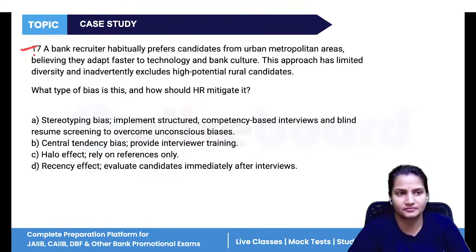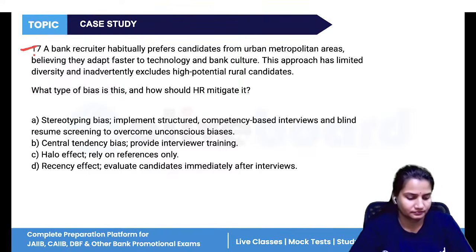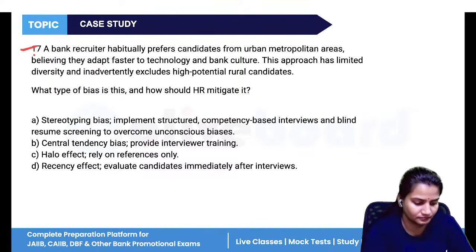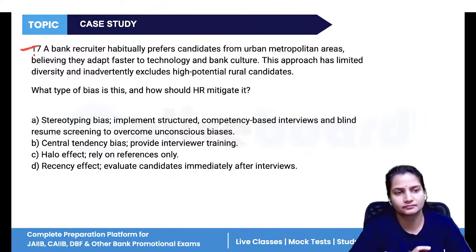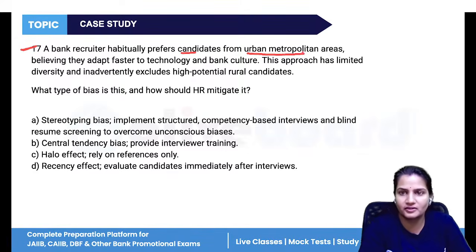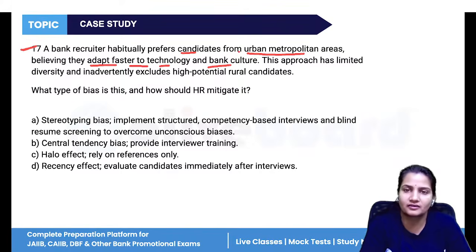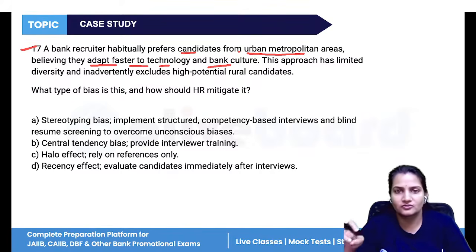Now, next, 17. A bank recruiter habitually prefers candidates from urban metropolitan areas, believing that in metro areas one can adapt to fast technology, they can adapt to good banking, good technology, and they can bring that technology into the banking, and the culture will automatically be good.